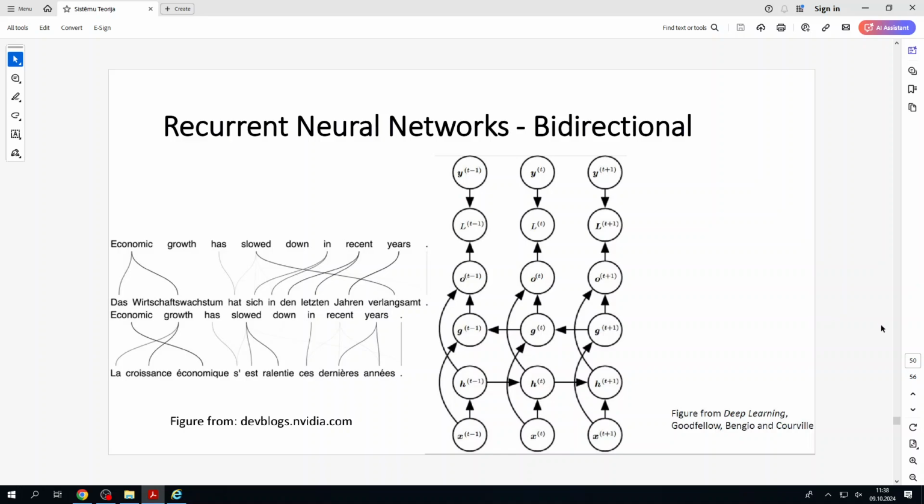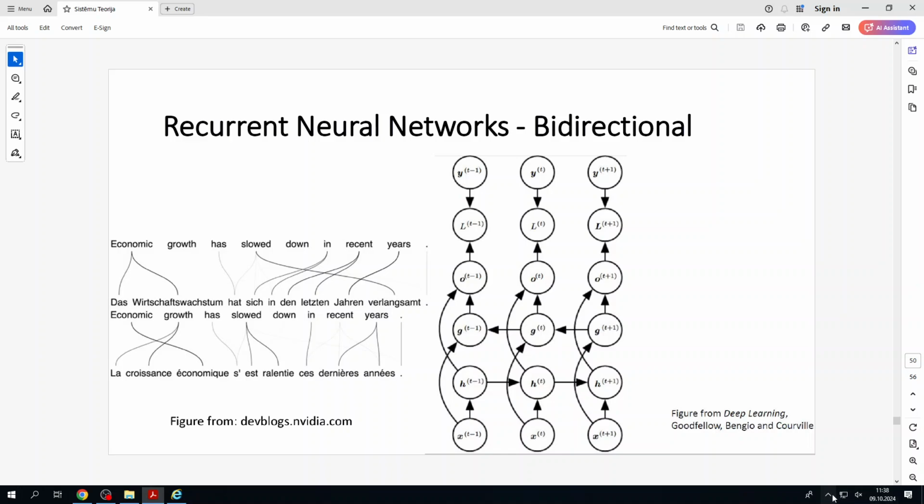So, for example, here you can see a translation of an English phrase into German and French, as I believe. And it's not as simple as taking one word, looking it up in a vocabulary, replacing that word, and keeping the same order as it was in English. Obviously, in German the order of words is different, in French the order of words is different, so the order also matters. That's where our recurrent neural network comes in.